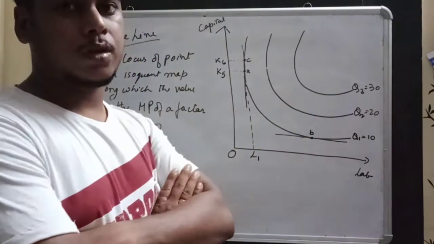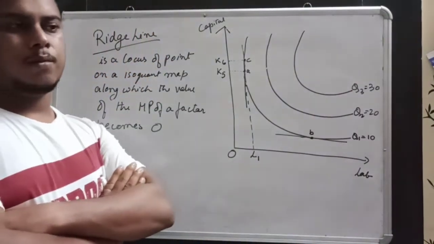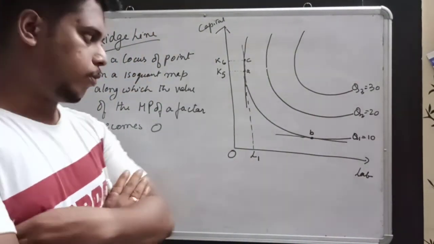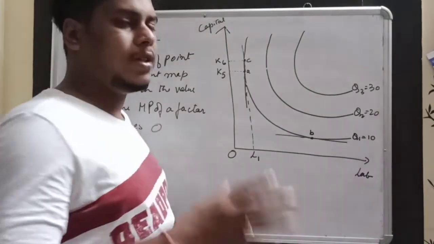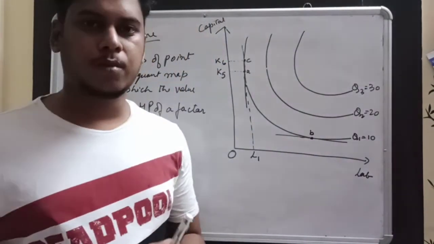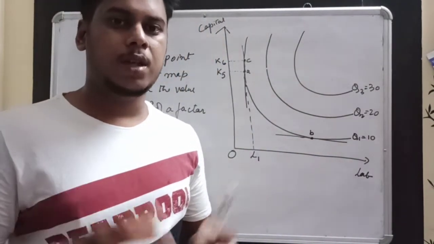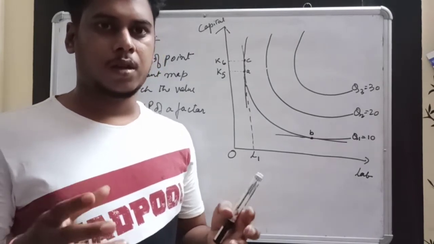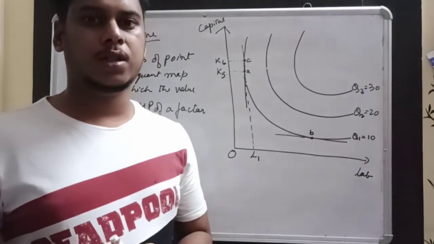So being a producer, this obviously is illogical to you. You will always try to produce the maximum using minimum inputs, so that your cost of production is less.